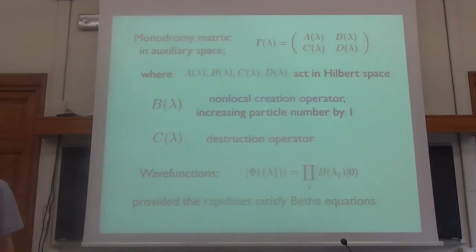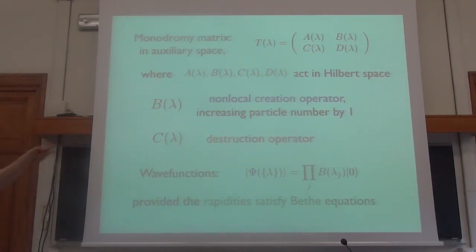The B operators, they commute with each other, okay? And the statement is that if you were to project that ket state onto real space coordinates, you would get the Bethe wave function, okay, for free. Now the whole problem is translated into an algebraic problem between these operators here.